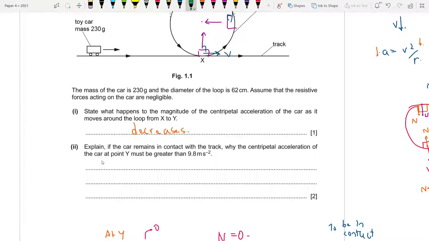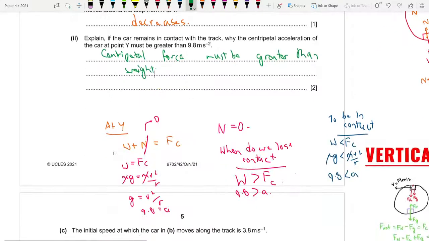The best way to say this is centripetal force must be greater than weight. So remember this formula over here, W plus N is equal to Fc. So centripetal force must be greater than weight. Why? Because we do not want N to be 0, because if N was 0, centripetal force was going to be equal to weight. That's the logic.